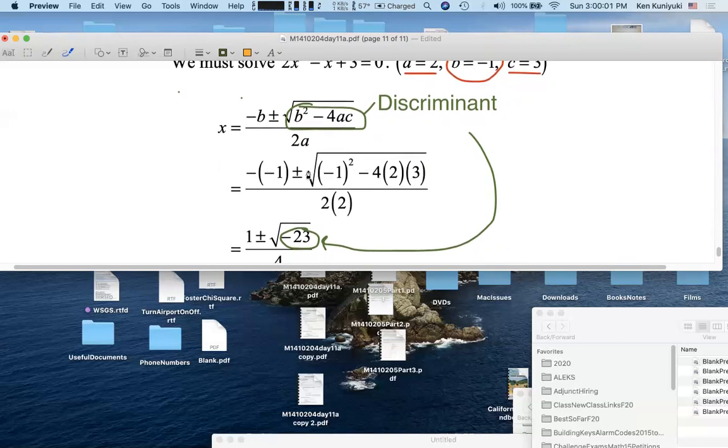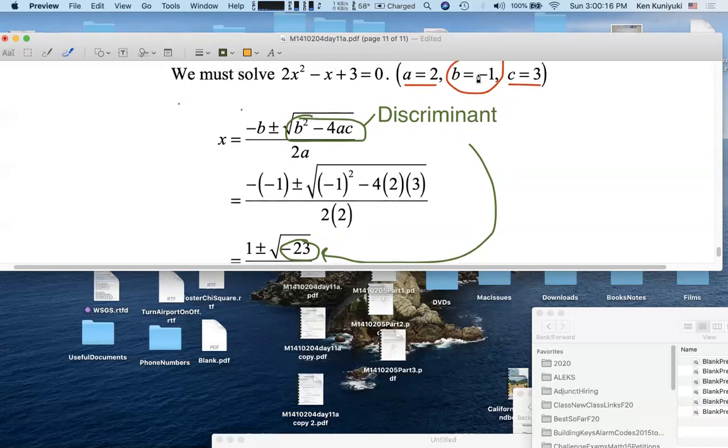By the way, it's the opposite of b, the opposite of negative 1, plus or minus the square root of the discriminant, negative 23, all over 2a, twice 2. When working out the discriminant, be careful. It's the square of negative 1, so we have positive 1 here, minus 4 times a times c, so it's minus 4 times 2 times 3. 1, and then minus 24, that gets you negative 23.